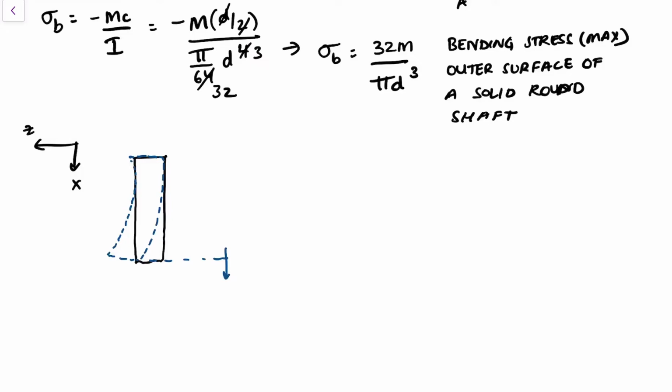And again, we have compression, we have tension, that means we have bending. This is going to be bending about the y-axis, because it's pointing out. Using your right hand rule, curl your fingers, and it's rotating clockwise with y pointing out of the page.